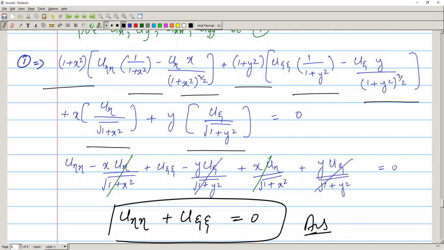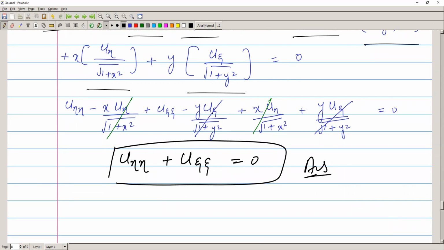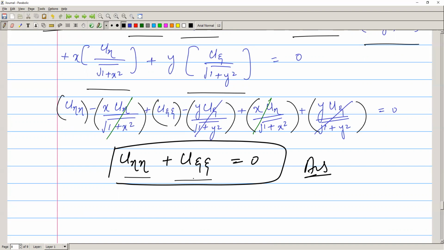We'll see that some of the terms will cancel out. This term will cancel with this term, same terms with opposite signs, and this will cancel with this term, same terms with opposite signs. So we're left with only this term, u eta eta plus u psi psi, right? Only these two terms. So this is the final canonical form.